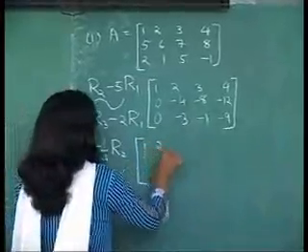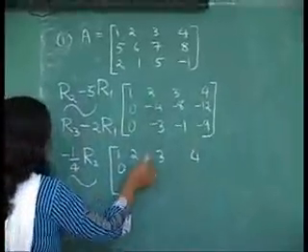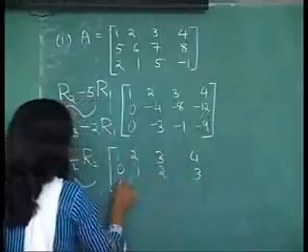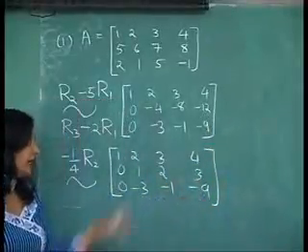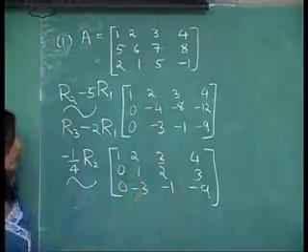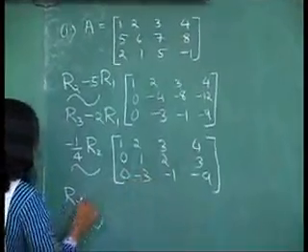So I'll get 0, minus 4 upon minus 4 is 1, minus 8 upon minus 4 is 2, and this will be 3. After getting a leading 1 in the second row, we need to get a 0 below that. So I'll need to do R3, opposite side, plus 3 R2.